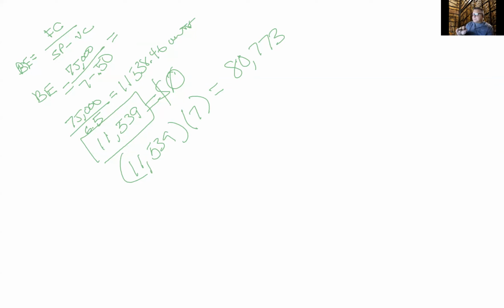If I want to make 5% on that, I'm going to multiply this by 0.05. So that's $4,038.65. Is that going to be per unit?